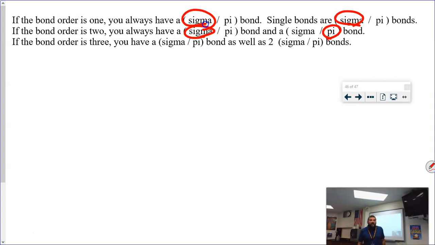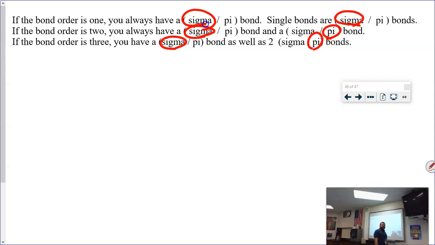The second bond, if it's a double bond, is pi. If the bond order is 3, you always have a sigma bond. Again, two atoms, first bond between them is always sigma. If you have a double bond, the next one is pi. If you have a triple bond, the third one is also pi.